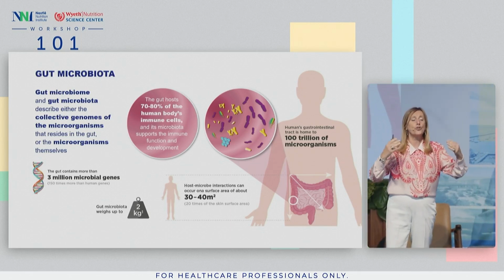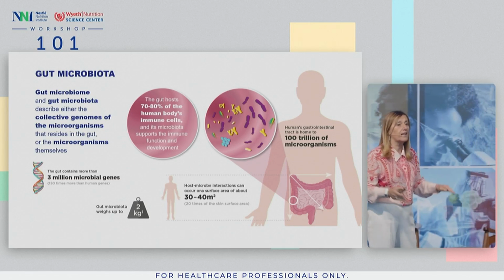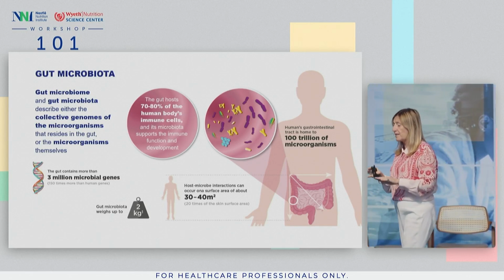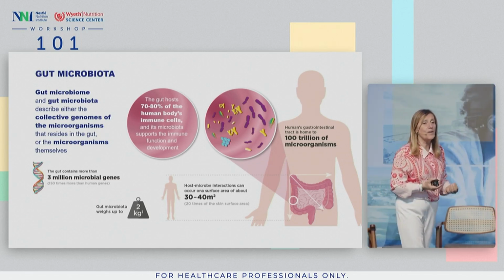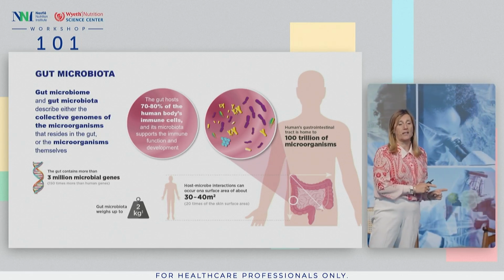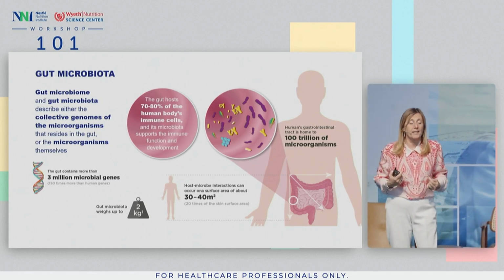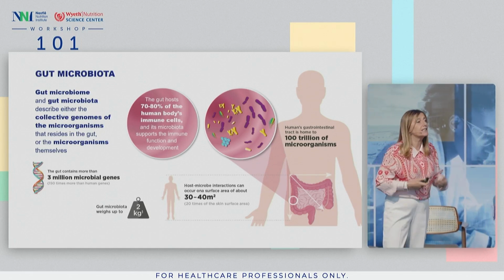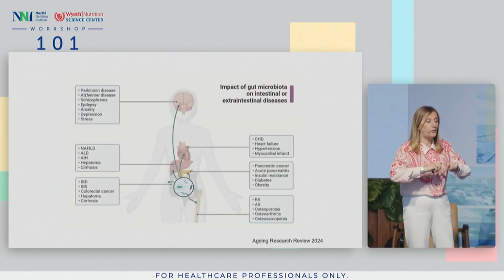So we have a huge amount of live microorganisms in the intestine, and we take the opportunity to get these microbes to work for us, because what we need is their genes. They have a huge number of genes that help us as humans to exert all the functions, not only in the intestine, but far away.